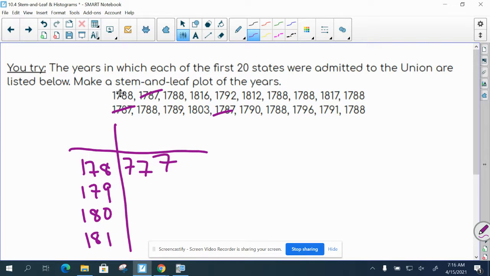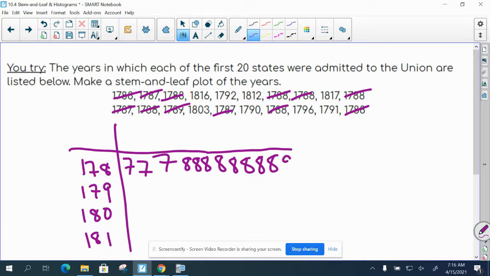And then for the 1788s, we've got 1, 2, 3, so 888, and then 1, 2, 3, 4, 5. So 5 more 8s. For 1790, actually, let's see if we have any 1789s. We have the 9, and then I think that's it.